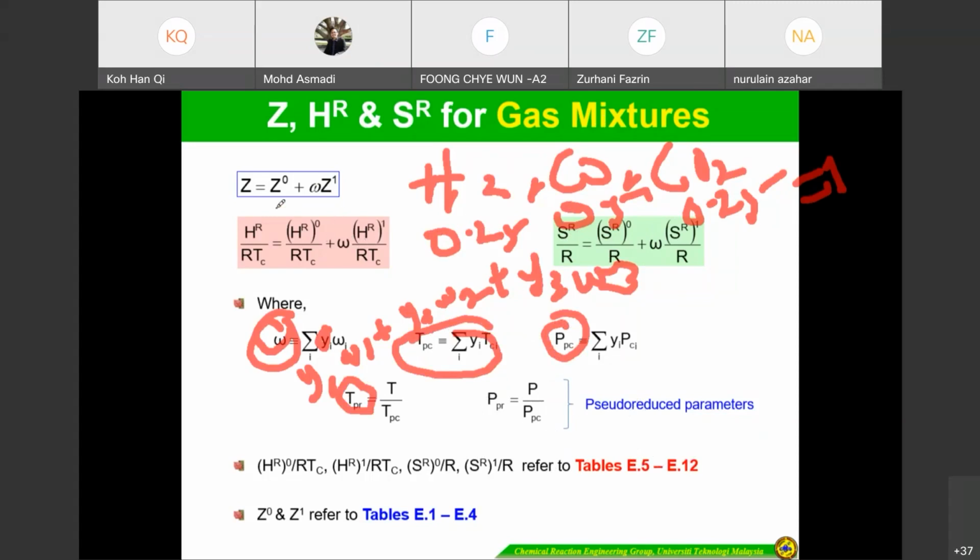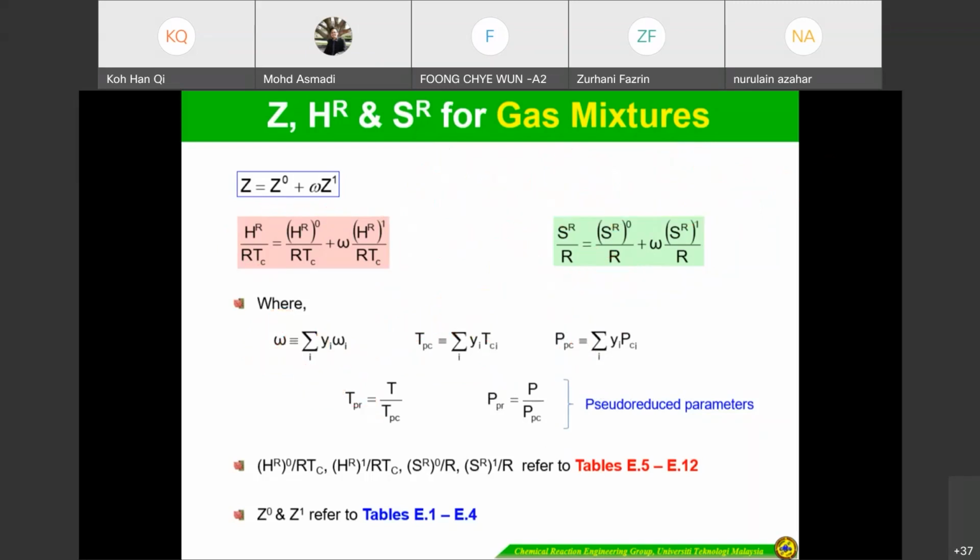This is for Lee-Kessler, but you have to determine the TPR and PPR. To determine TPR and PPR, you have to determine the pseudo-critical parameters. Pseudo is like an approximation. So this is for the gas mixture.